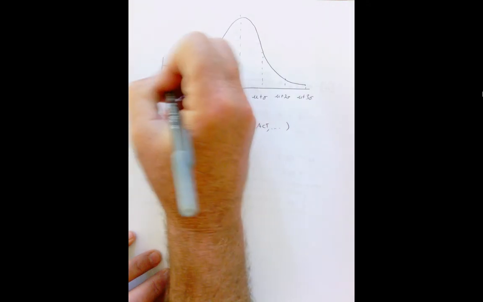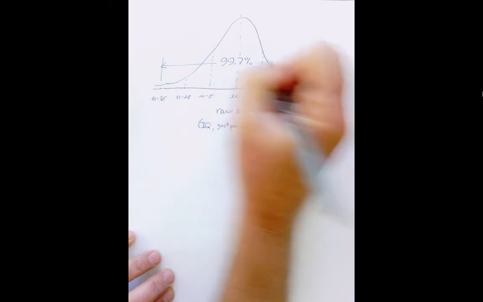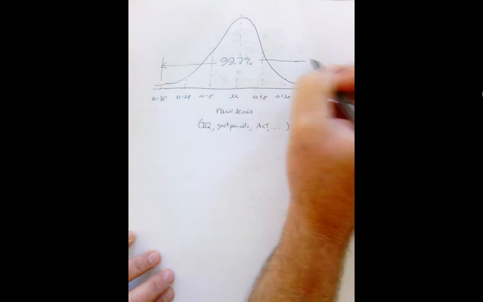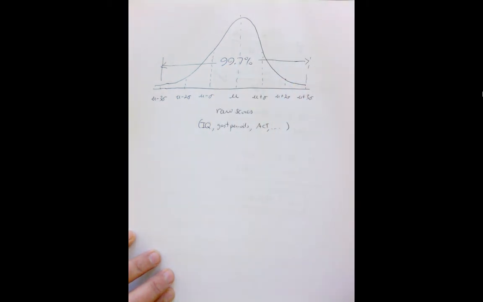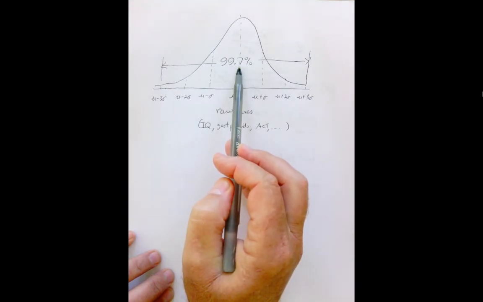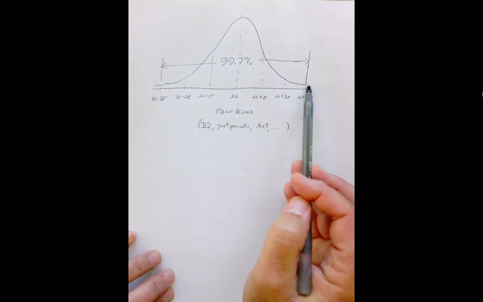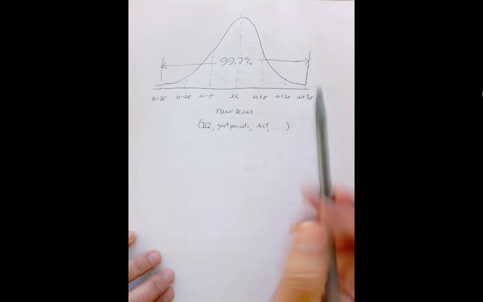And the main reason is almost all of our information in this distribution is accounted for between 3 standard deviations below and 3 standard deviations above. 997 out of every 1,000 measurements in this distribution falls between 3 standard deviations below and 3 above.